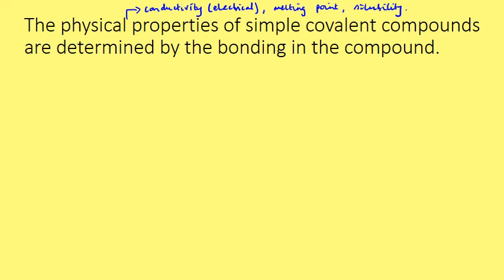with simple covalent compounds. As far as melting points are concerned, simple covalent compounds generally have low melting points because these forces between the molecules, not within the molecules, between the molecules, are weak, and that's whether they are temporary dipole-dipole forces, permanent dipole-dipole forces, or indeed hydrogen bonds.